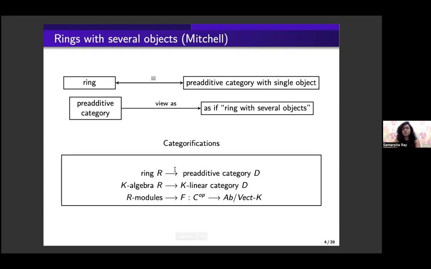Some basic categorifications: a ring is replaced by a pre-additive category. If you have a K-algebra, the replacement is a K-linear category, where the Hom sets are vector spaces. And modules over a ring are basically functors over a category. This is standard, and as I need categorified concepts, I will define them when needed. So this is the idea.